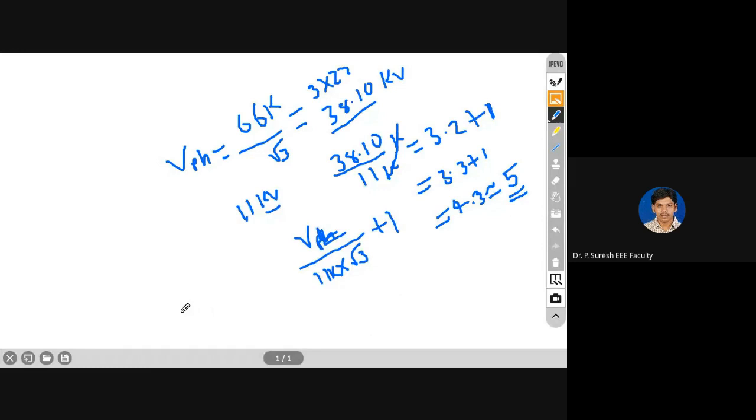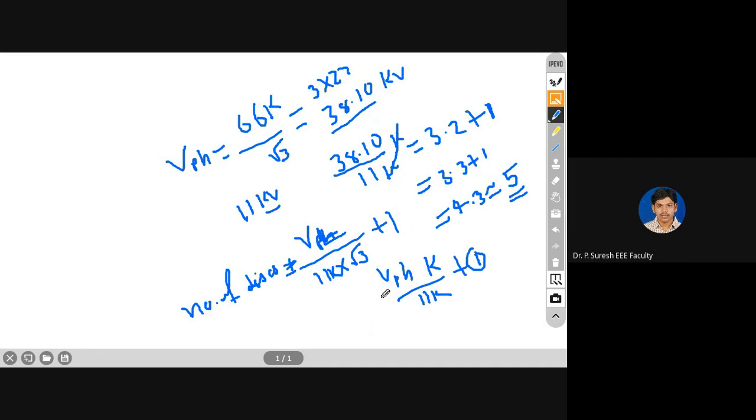So this is the formula for the number of discs: line voltage by root 3, otherwise directly the phase voltage by 11 kV, where the phase voltage should also be in kilovolts, plus 1. What is the purpose of this one? For safety purposes, we are using an additional disc.